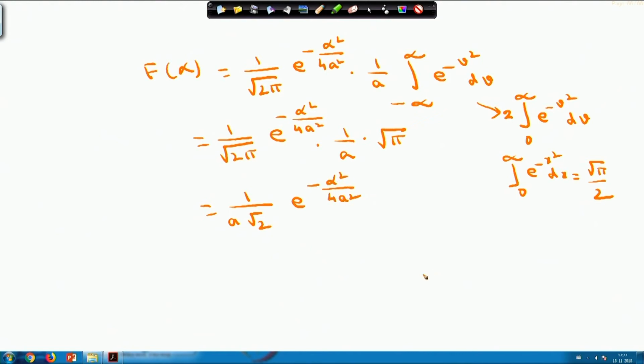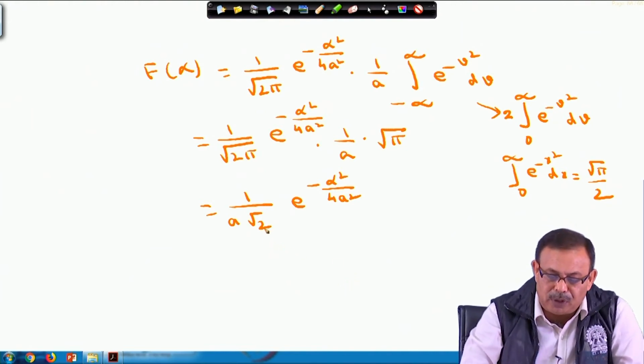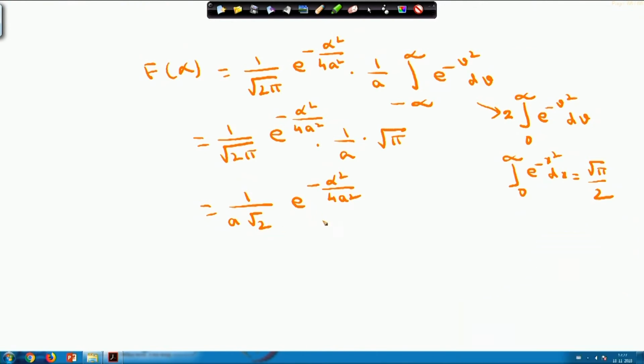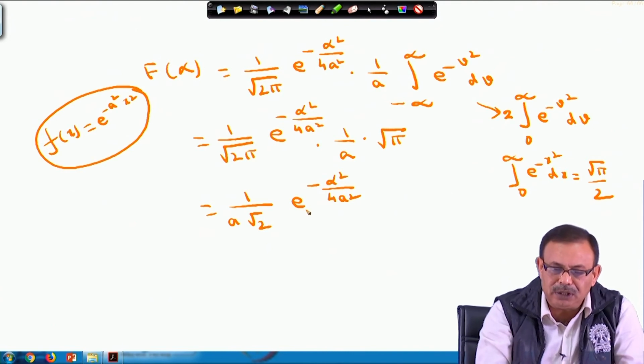You are obtaining this, that the Fourier transform of the given function is 1 by a root 2 into e power minus alpha square by 4 a square, and my function was f(x) equals e power minus a square x square. This is my f(x). So, the Fourier transform of this function is this one.